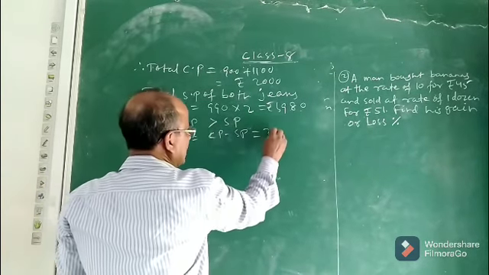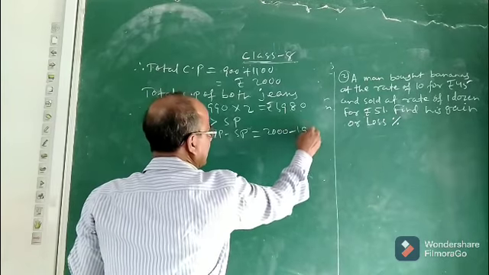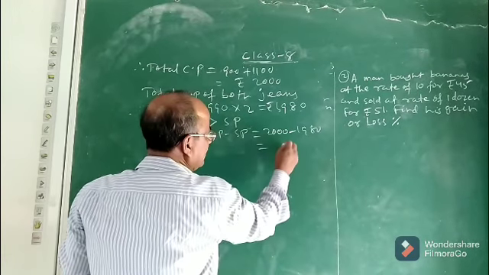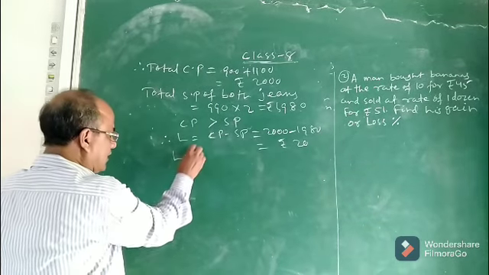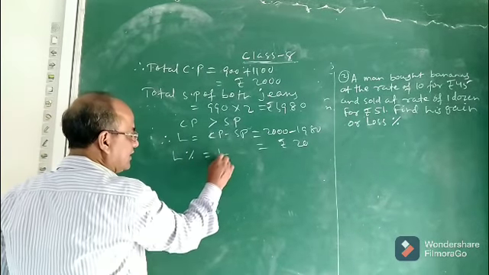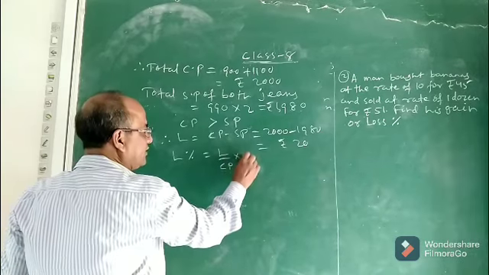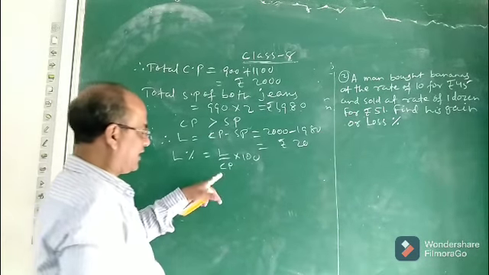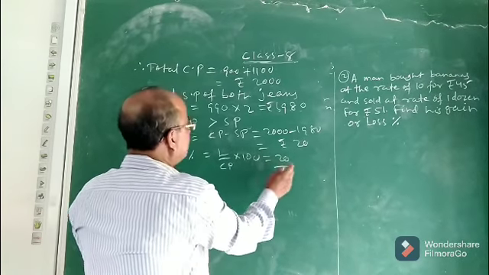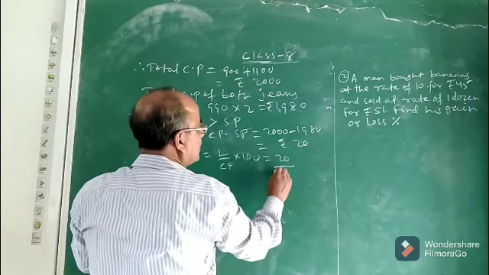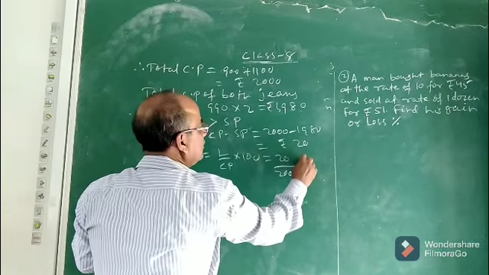You find out, it is 2000 minus 1980, that will be rupees 20. This is the loss amount, but we have to find the loss percent. So loss percent is loss by CP into 100. In place of loss we put 20, in place of CP we put 2000, into 100.